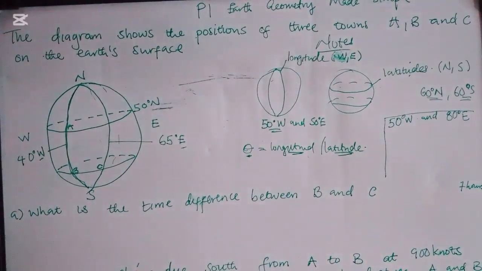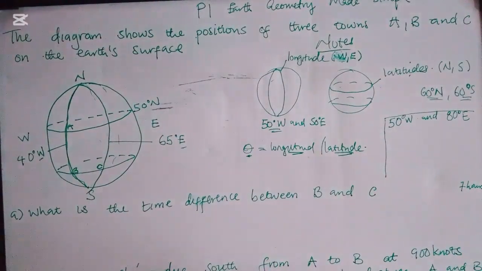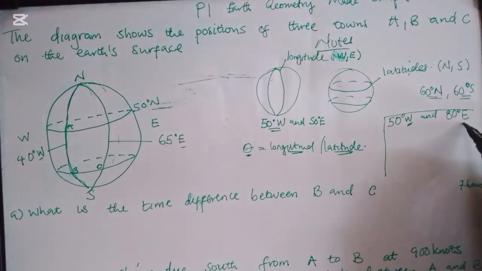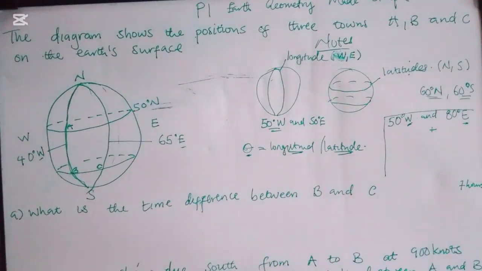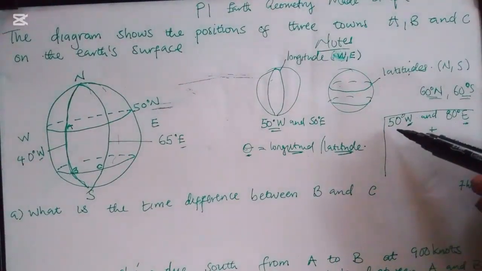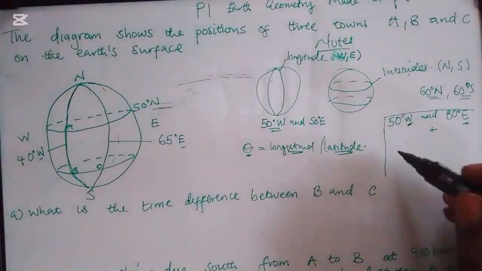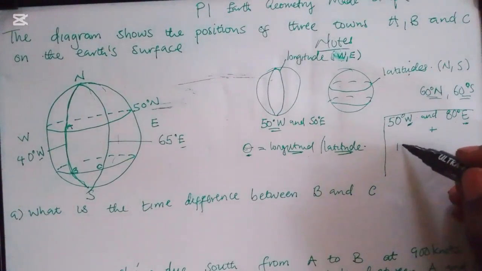Whenever we are calculating the differences, just remember two principles. The first one is if you have two different sides, you add the two. Since we have west and east, we are going to add them. So 80 plus 50 is 130.